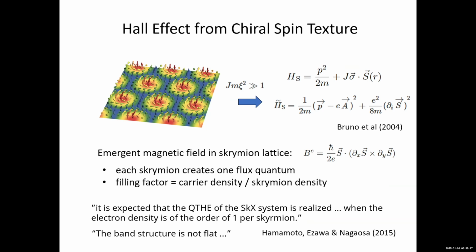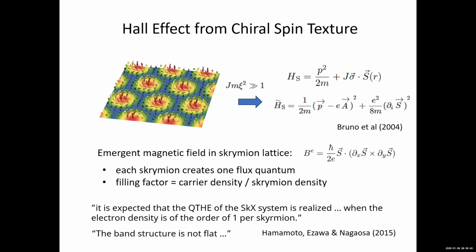in a low electron density system, if the electron density is comparable to the skyrmion density, then from this mapping, we would say that the emergent Landau level filling factor is only order one, and then maybe this topological Hall effect can be quantized. So this leads to a theoretical proposal of an integer quantum Hall effect from this magnetic spin texture.